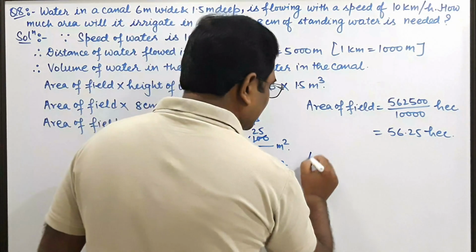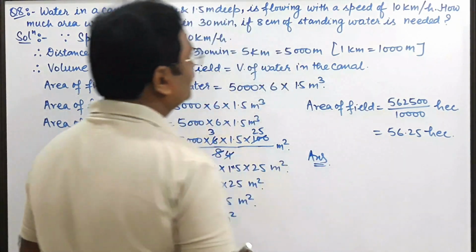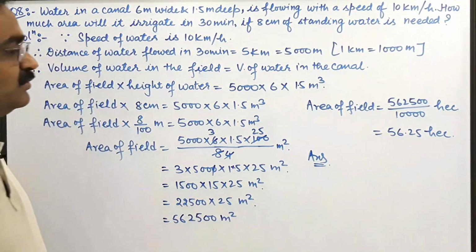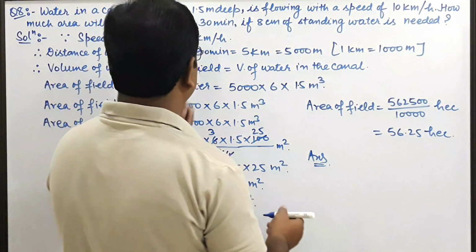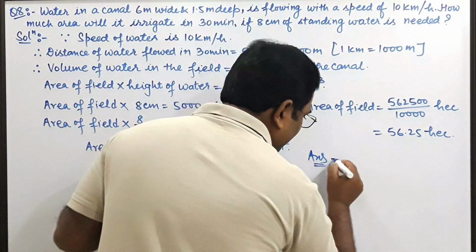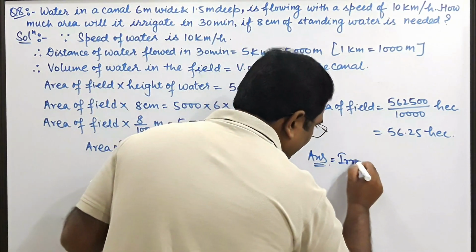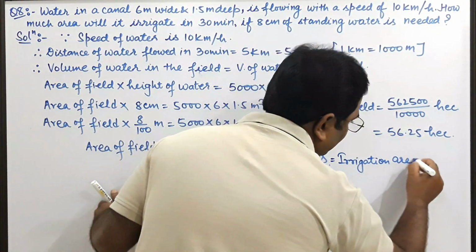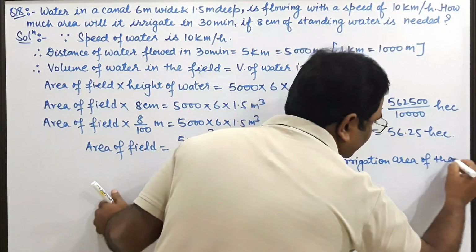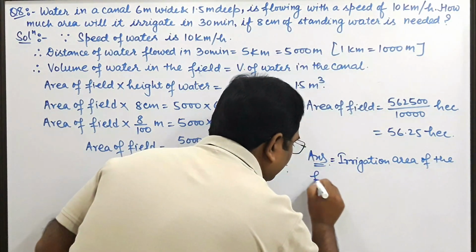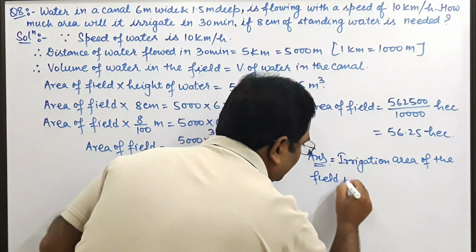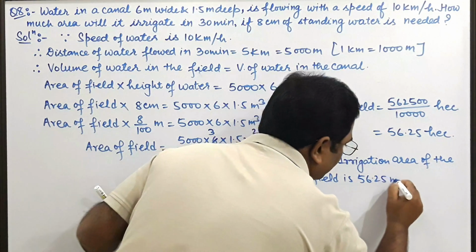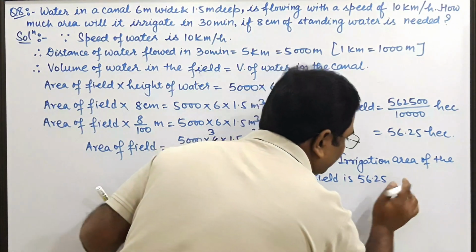So therefore the answer of this question is, as it was asking, how much area will it irrigate? So the area of the field which is irrigated in 30 minutes is equals to our irrigation area of the field is 56.25 hectare in 30 minutes.